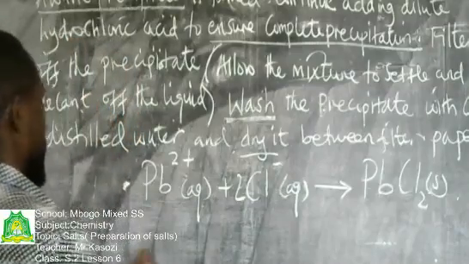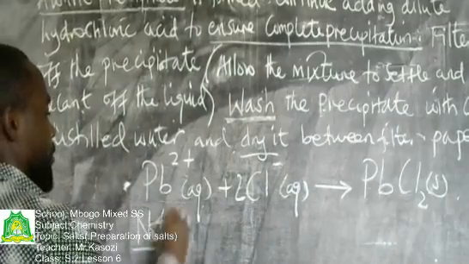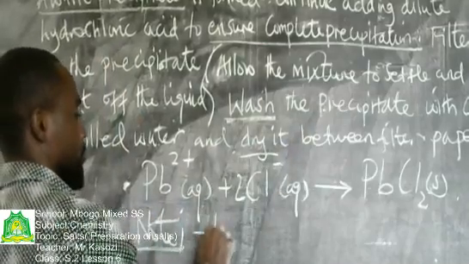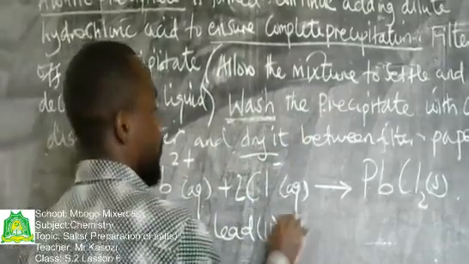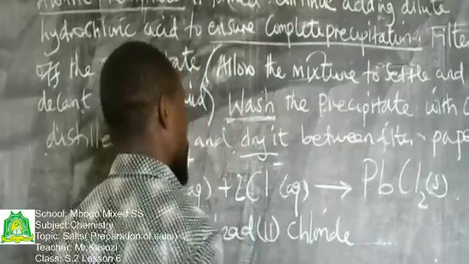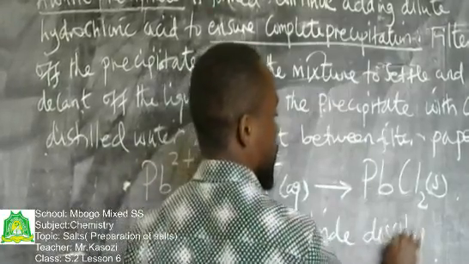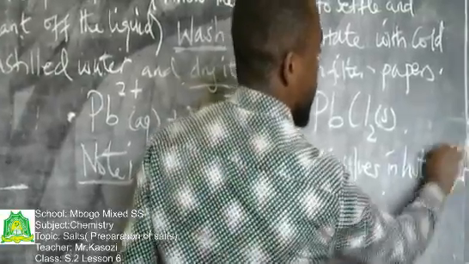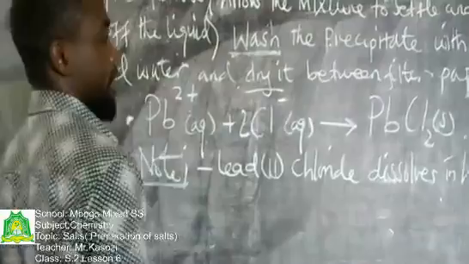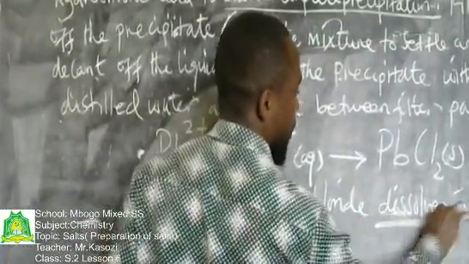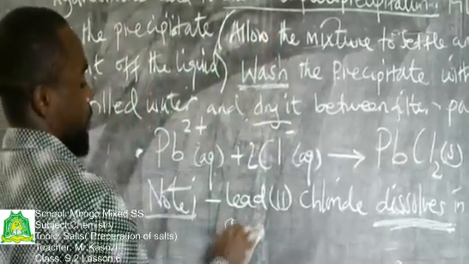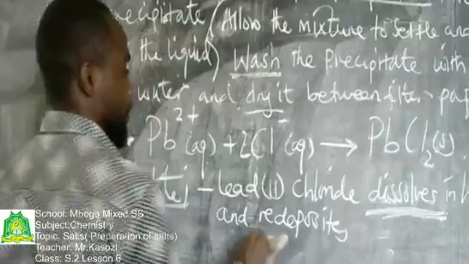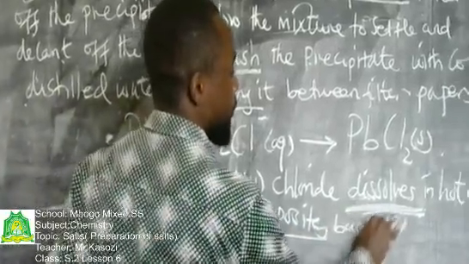So we have a note to take. Lead(II) chloride dissolves in hot water and reprecipitates out on cooling.